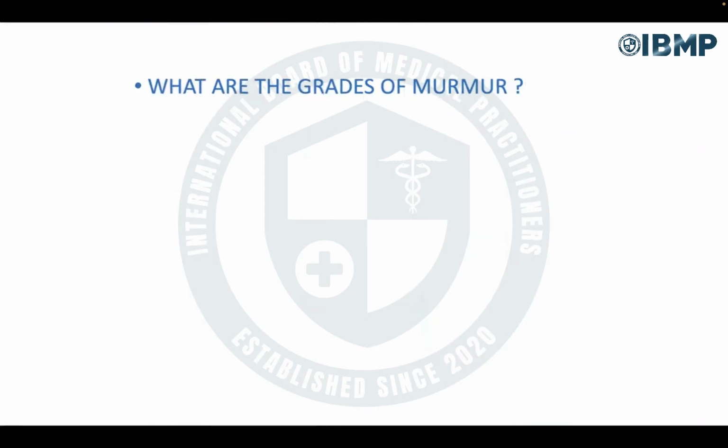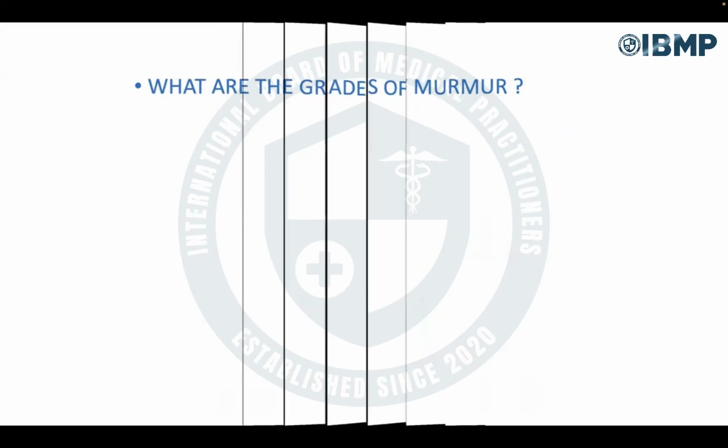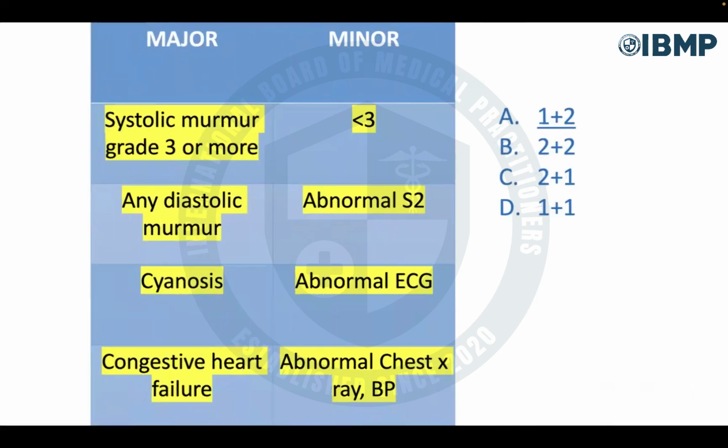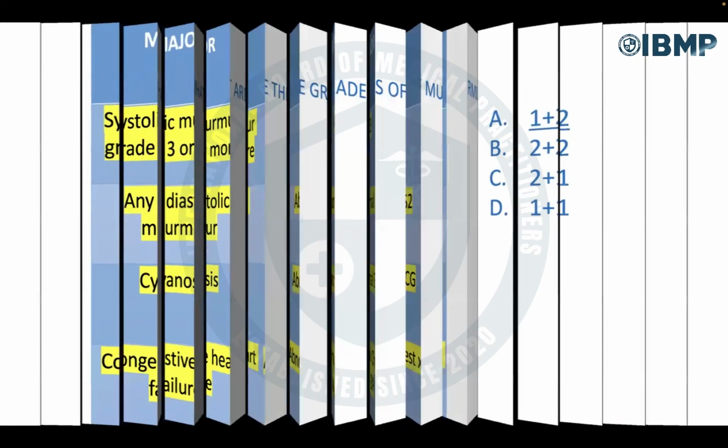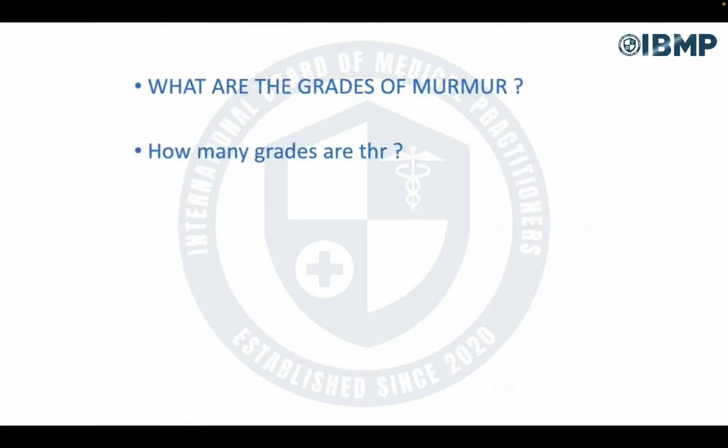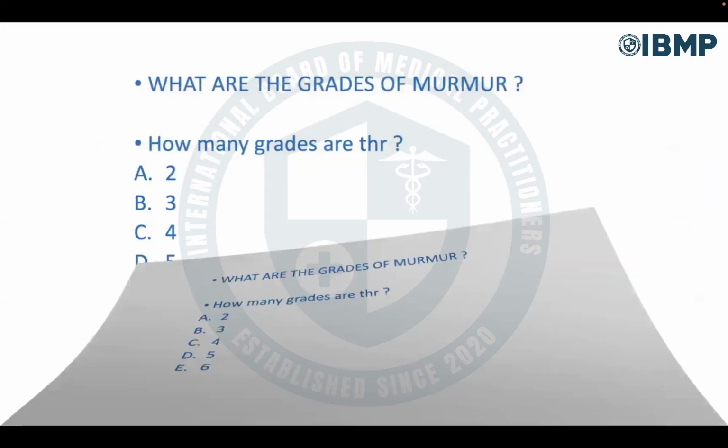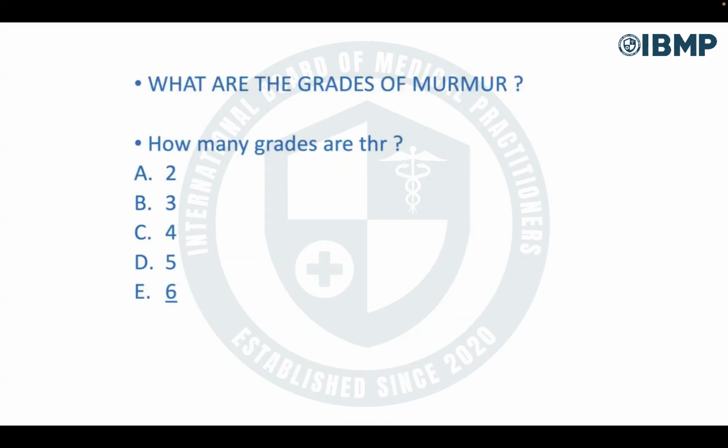Then, I just told you systolic murmur grade 3 and any diastolic murmur. Now how many grades of murmur do we know? That's an interesting question. There are a total of 6 grades of murmur.